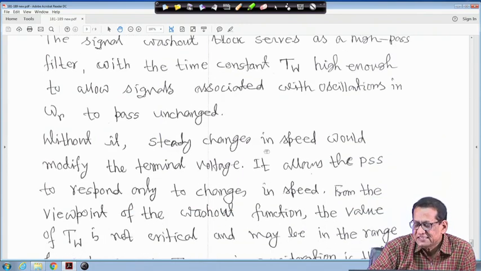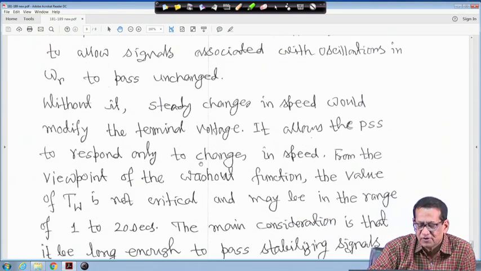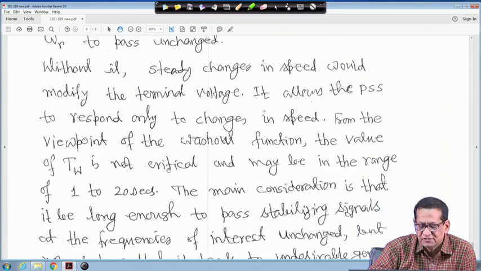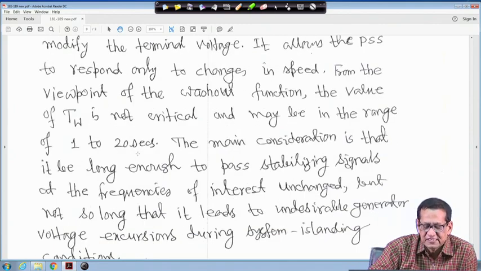Without it, steady changes in speed would modify the terminal voltage. So it allows the PSS to respond only to changes in speed; if a steady speed is there, it will not pass. From the viewpoint of the washout function, the value of TW is not critical and may be in the range of 1 to 20 seconds.